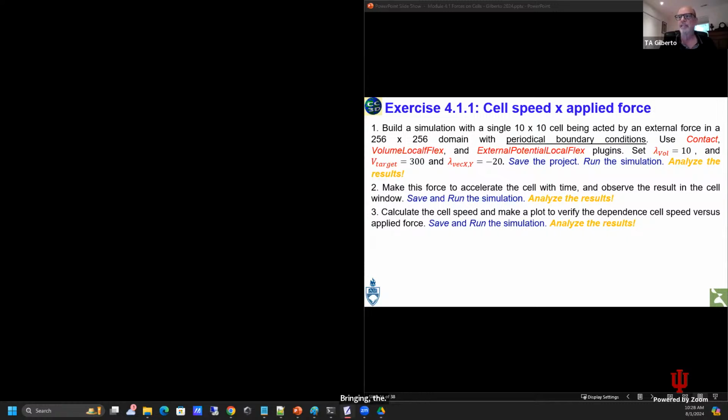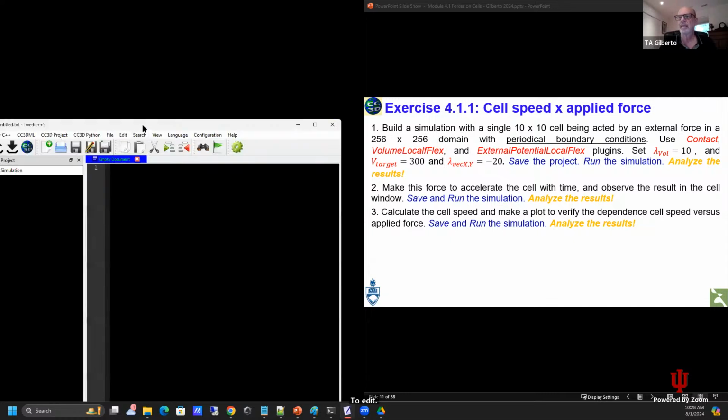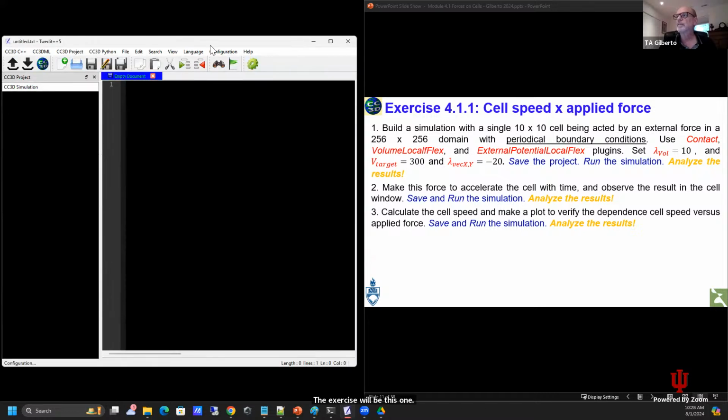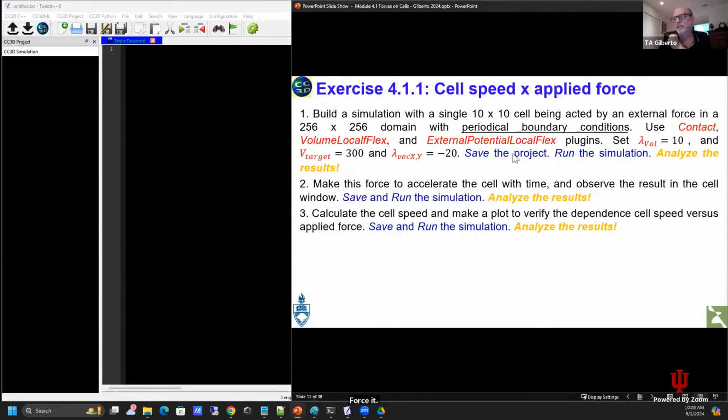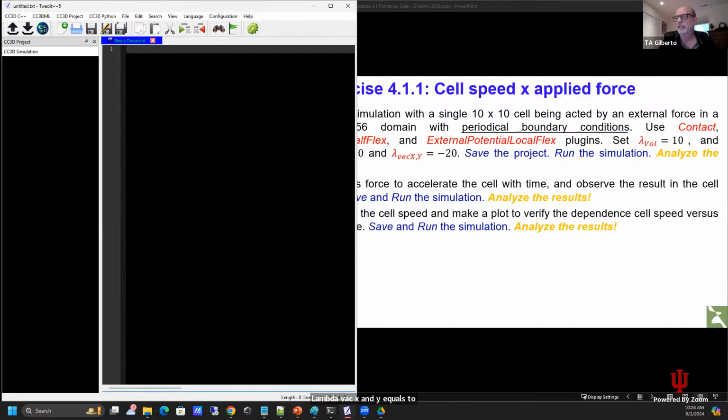Let's build a simulation where we have a single cell in a grid 256 by 256, and the cell is forced by an external potential which has these parameters: lambda vector x and y equal to minus 20.